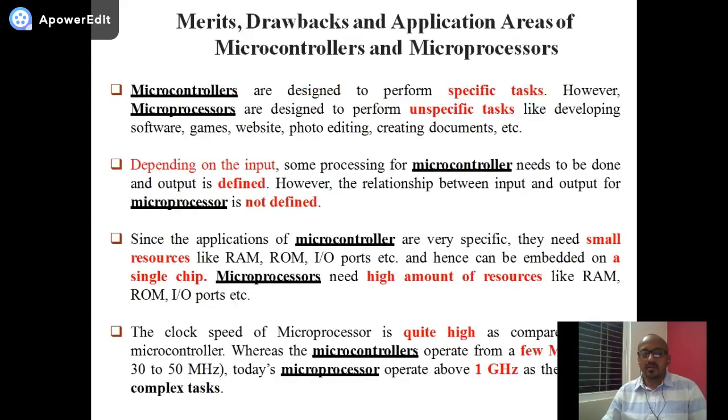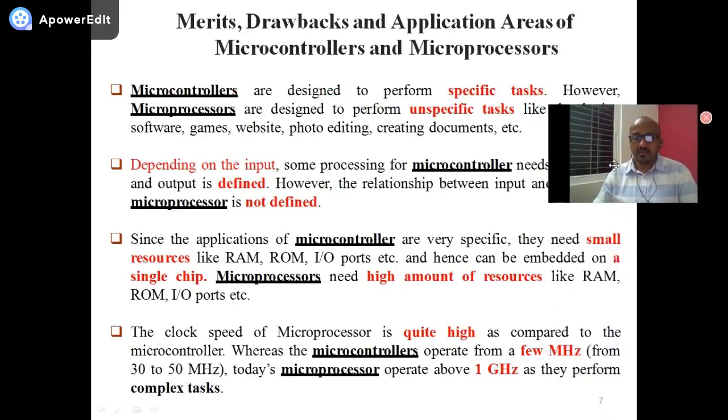The clock used is quite high in the case of a microprocessor. For example, the 8086 needs 3 megahertz or more. Nowadays it is in terms of gigahertz. The processors we use in mobiles run on a gigahertz speed clock, while a microcontroller runs at a few megahertz.